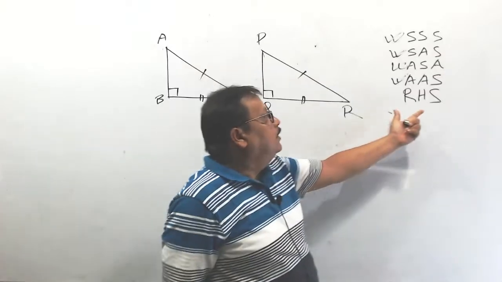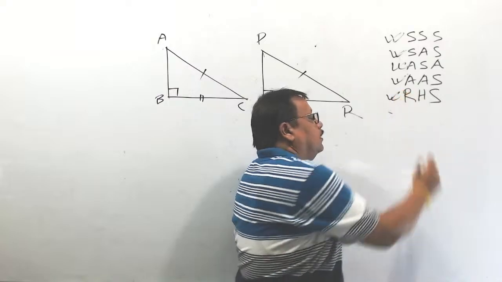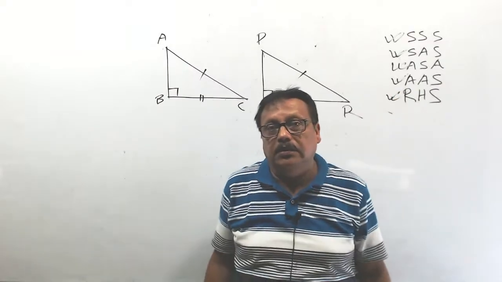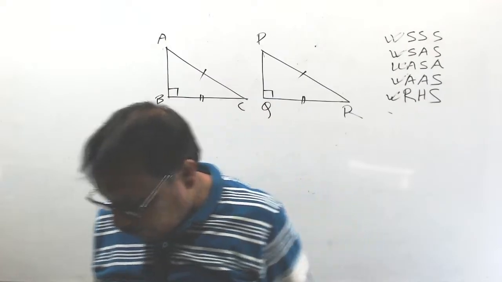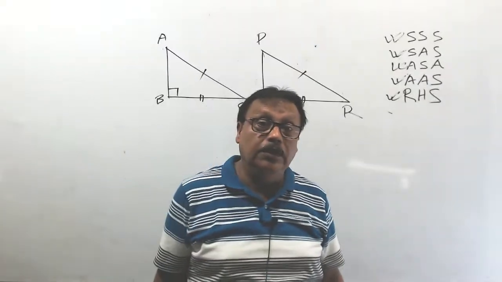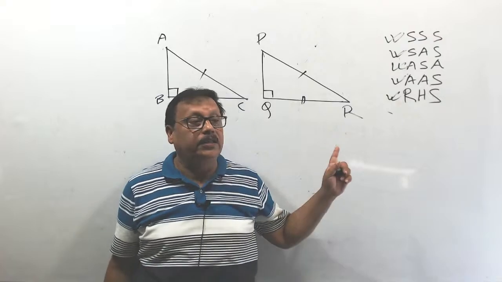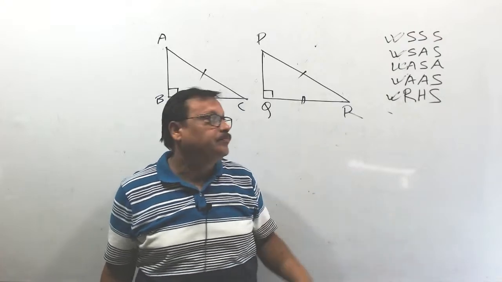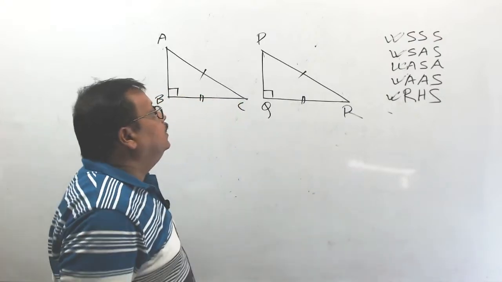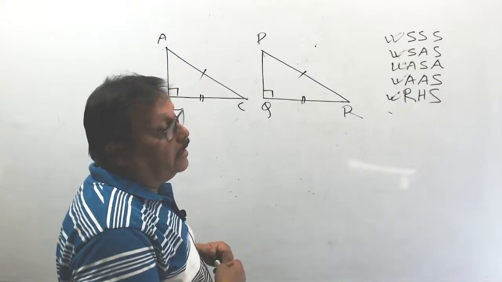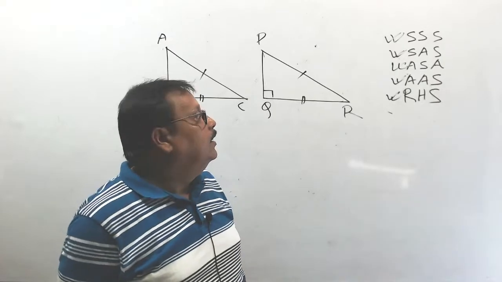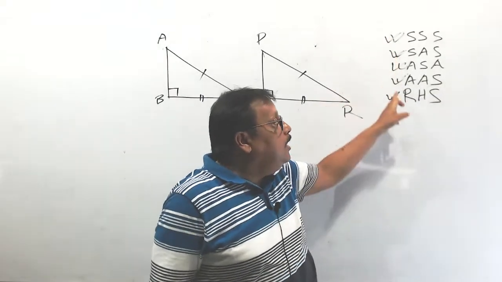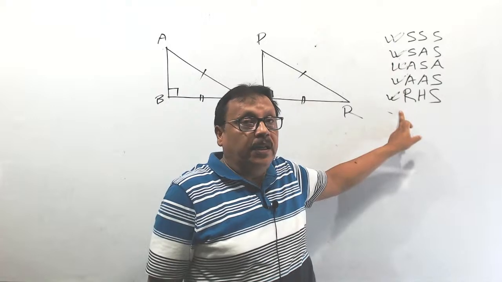Any one. Then this property is RHS: right angle, hypotenuse, side. That means for right-angled triangles only, you will think of the RHS property. Understood? Okay. Now, these are the 5 criteria. By using any one out of these 5 criteria, it is not necessary.